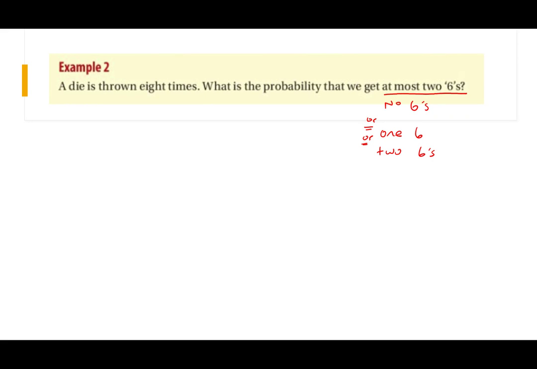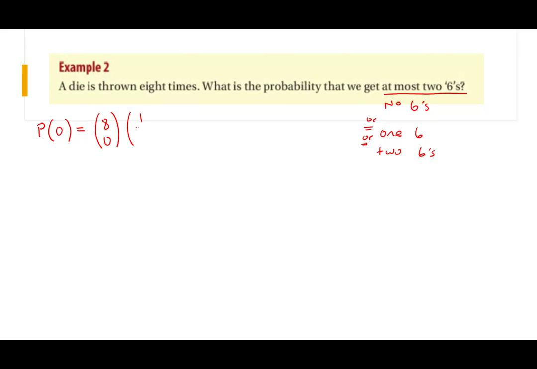So first of all, the die is thrown 8 times. I have 3 different probabilities to calculate: the probability that I get no sixes, the probability that I get 1, and the probability that I get 2. Let's say the probability of 0 sixes. I have 8 trials and I'm going to choose 0 of those to be a 6.